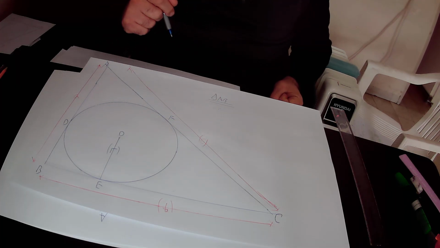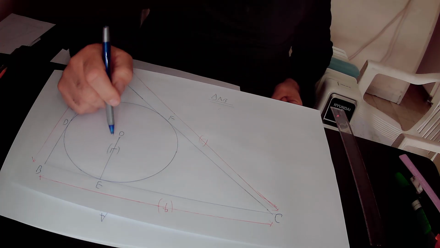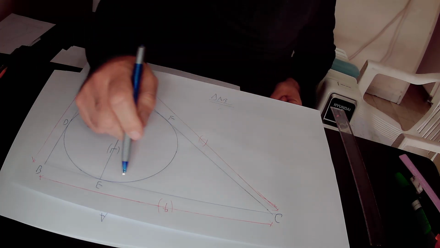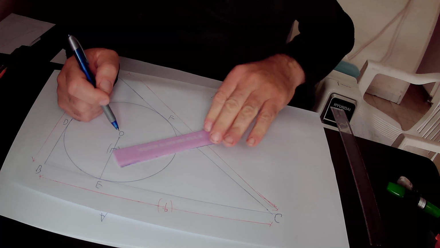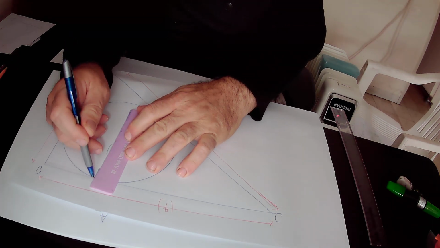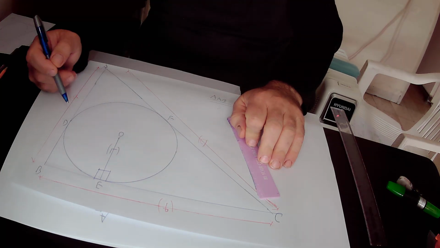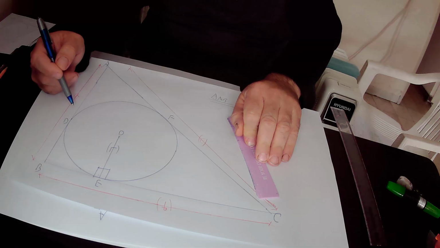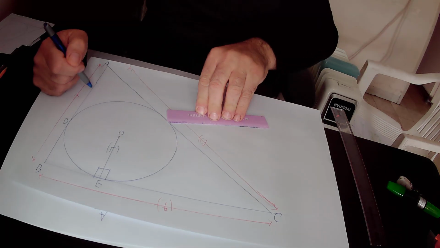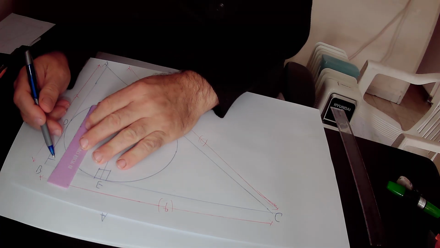Whenever you have a radius that is drawn to the point of tangency, then tangent BC will be perpendicular to the radius EO. If BC is perpendicular to EO, it means that this angle equals 90 degrees inside, and this angle also equals 90 degrees inside, according to rule 1. Likewise, this is right triangle ABC, so this angle is a right angle, of course.